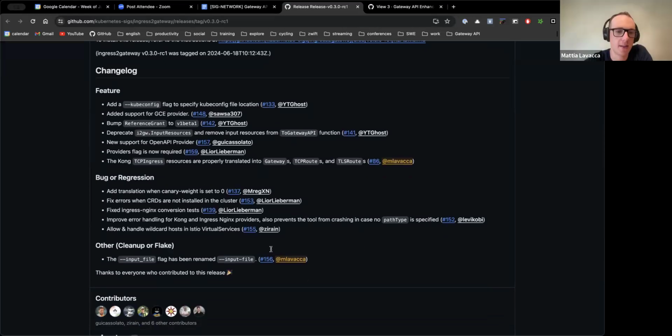I see two highlights related to the addition of new providers, which are the addition of OpenAPI, thanks to Guillermo, and the addition of the GCE provider. These are cool. The number of providers is increasing over time, and this is really awesome to see.